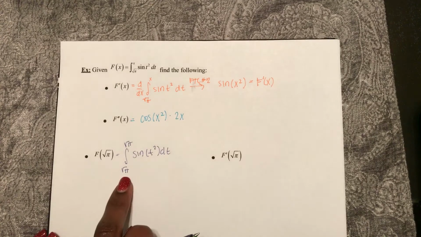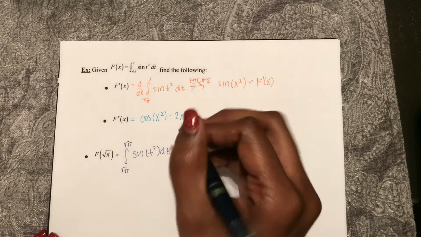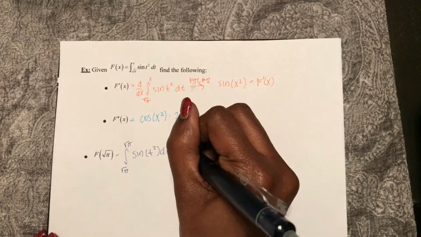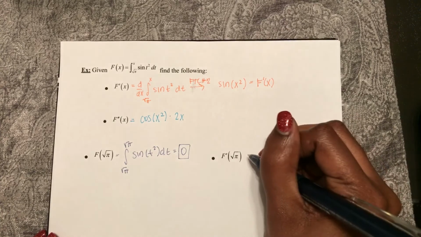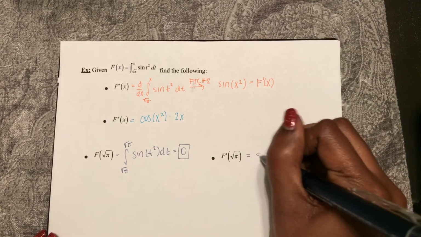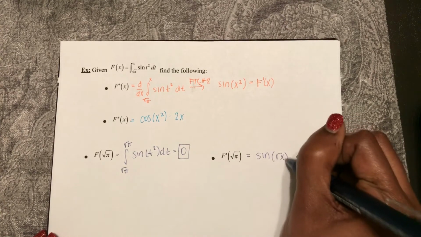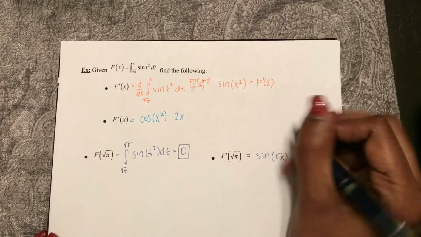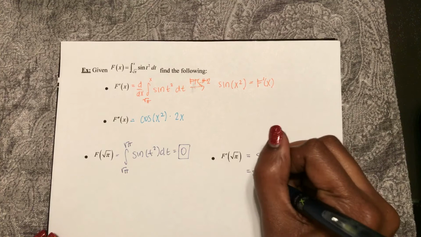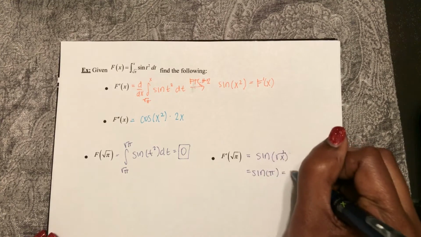Well, we know from properties of integrals that if you have the integral from the same number to itself, that area is going to be 0. So f prime of square root pi, better said, is going to be sine of square root pi squared. That square should be inside the parentheses. So that's sine of pi, which is 0.